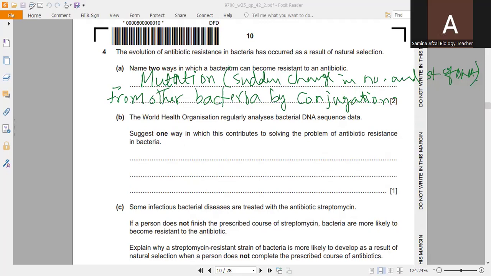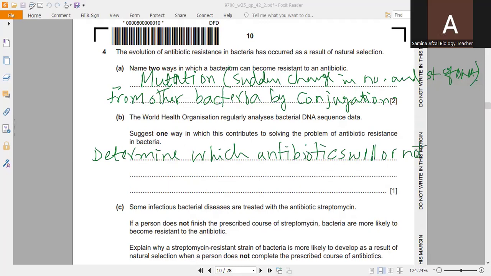First of all, determine which antibiotics will or will not be effective against a particular strain.